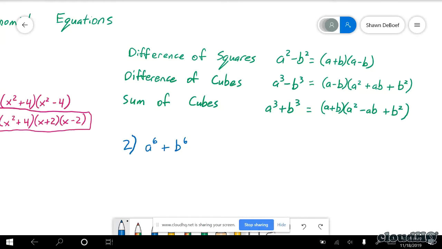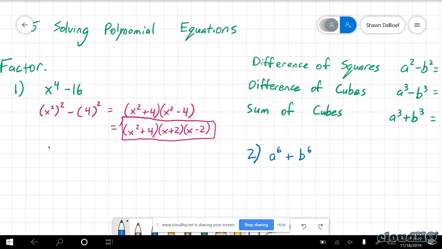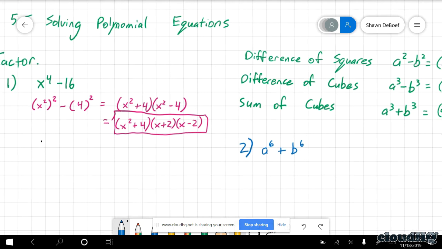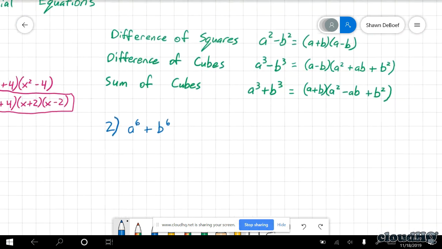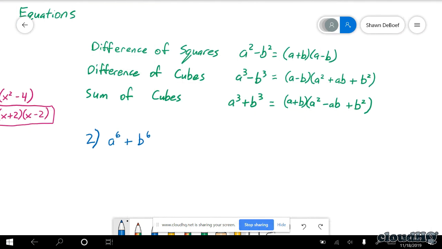Now, I don't have them written as things with an exponent of 3, but I also didn't have that first problem we did over here written with exponents of 2. I had to kind of rewrite it or rethink it. So similarly here, if I want to think of these as perfect cubes, a to the sixth is the cube of, I might even switch colors here.